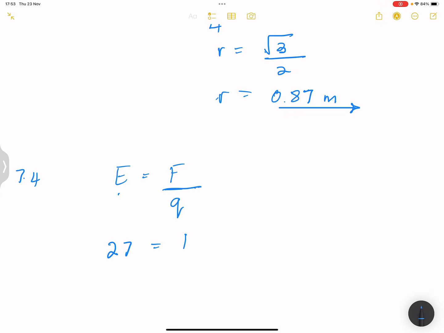We want the force, but they say calculate the force when we place an electron.